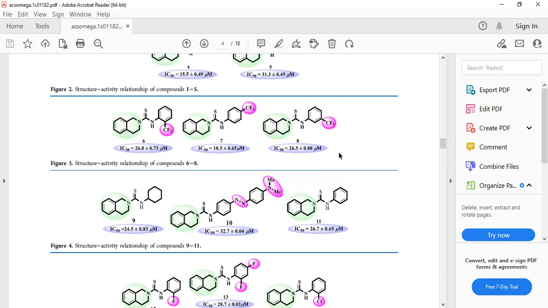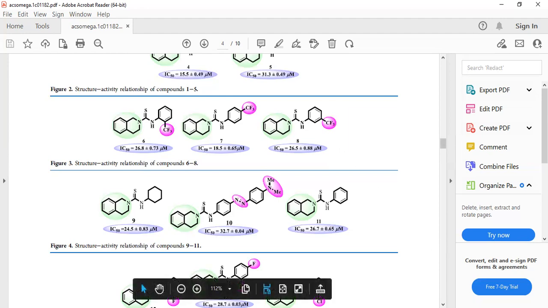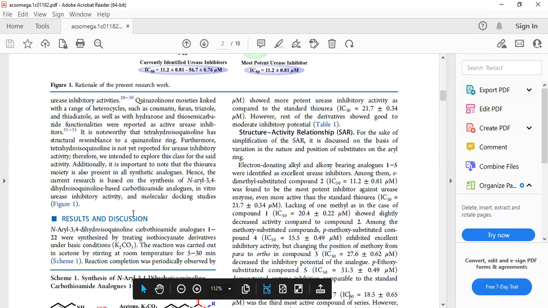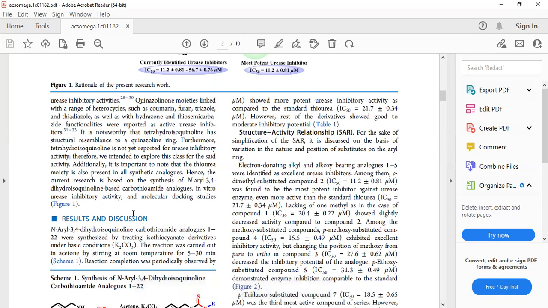This is the structure activity relationship of the compounds. This is how you write and explain the SAR. Now we have the result and discussion part, where it explains how the compounds were synthesized.